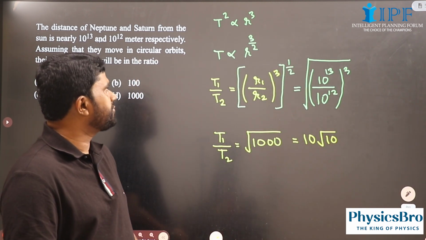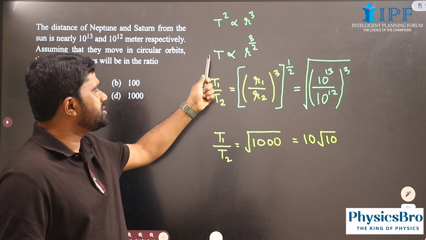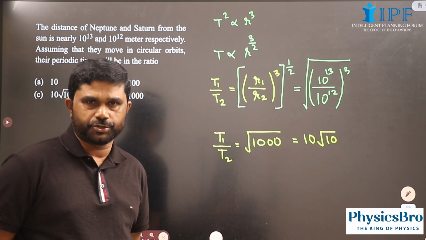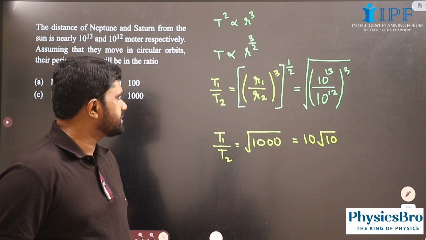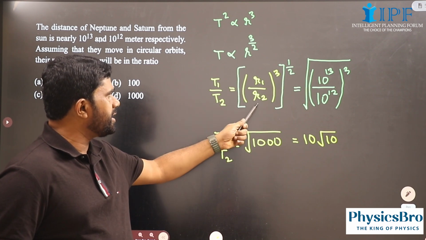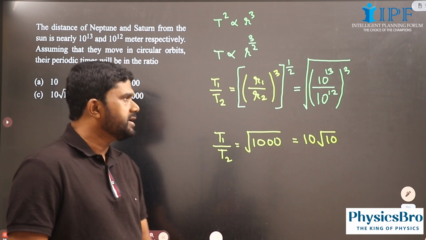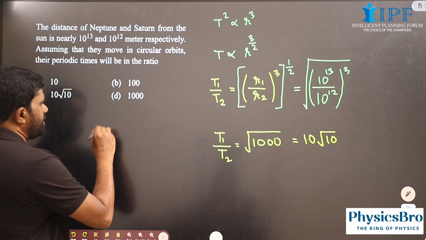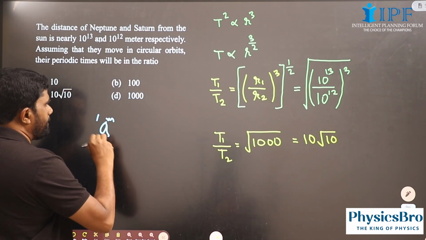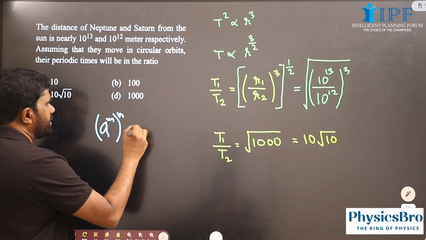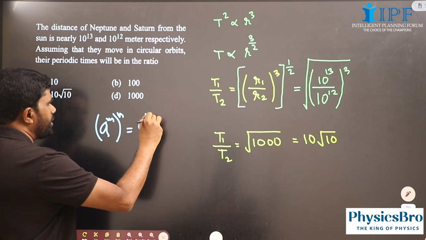Okay, so we have t square proportional to r cube and t proportional to r raised to 3 by 2. Okay, and t1 by t2 will be (r1 by r2) whole raised to 3 whole raised to 1 by 2. Okay, see that, if (a raised to m) whole raised to n, this is equal to a raised to mn.